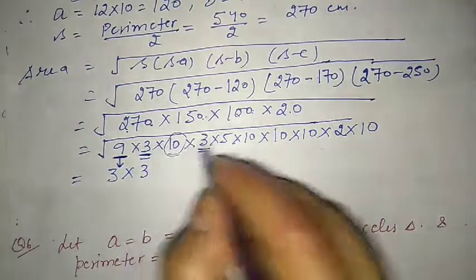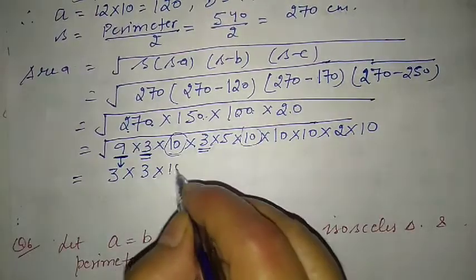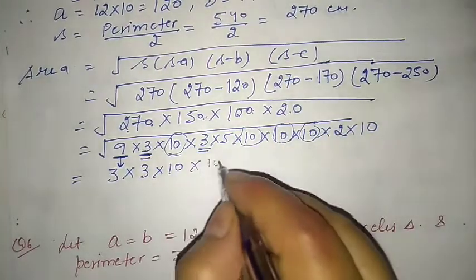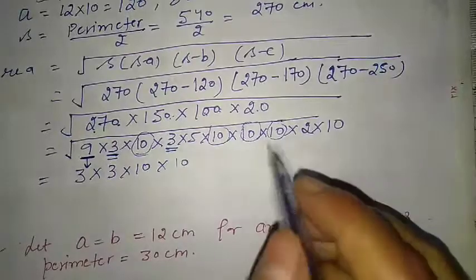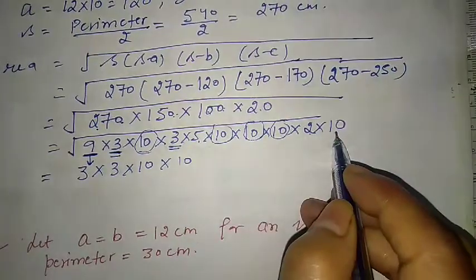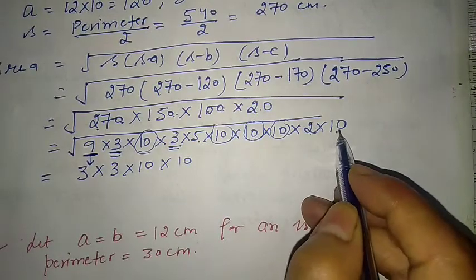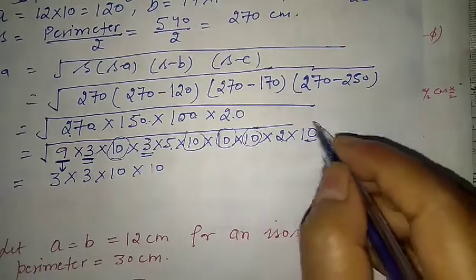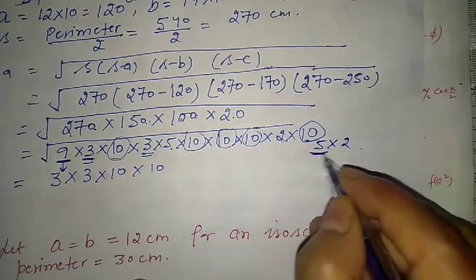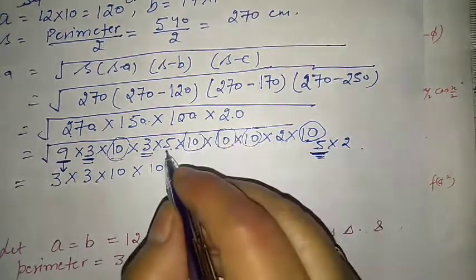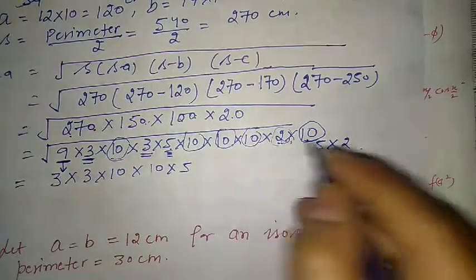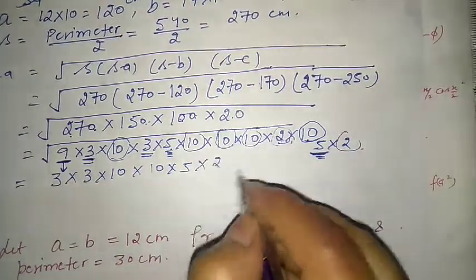This is 10 and 10, this also comes out. Now here we have 2 and 5. This 10 we can also write as 5 into 2. This we can write as 5 into 2. So this 5 and this 5 can come out, and this 2 and this 2 will come out.